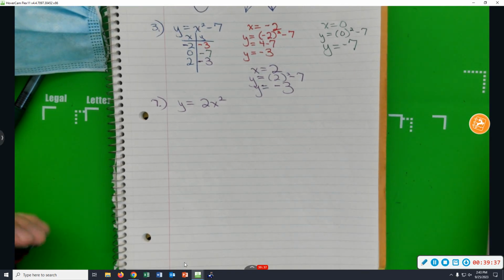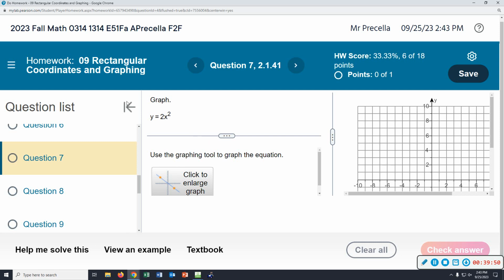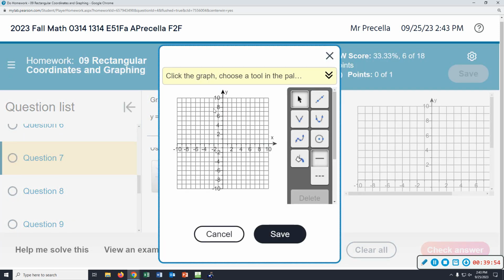Well, I know that 10 squared is 100. I guess we're going to plug in 10. But remember, you're going to have to plot these ordered pairs. And you see, you're not even typing in ordered pairs. When we click, it looks like everything has to fit between -10 and +10.